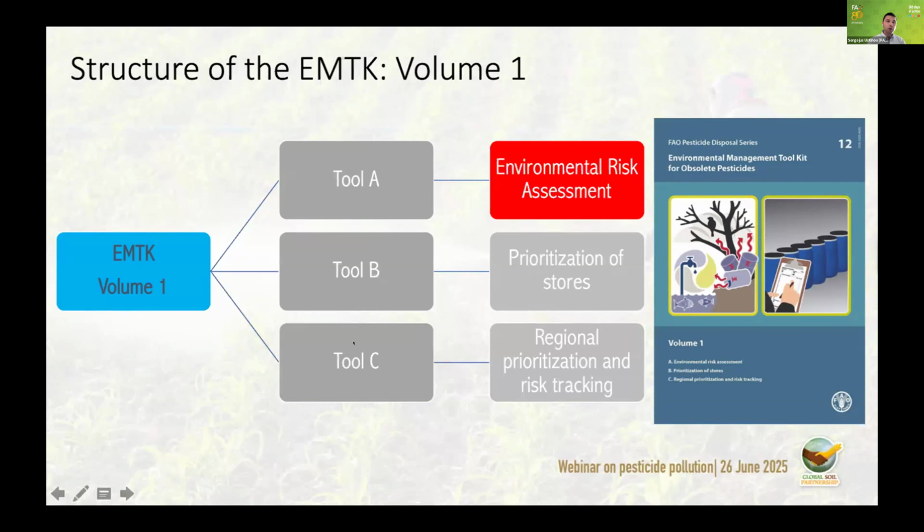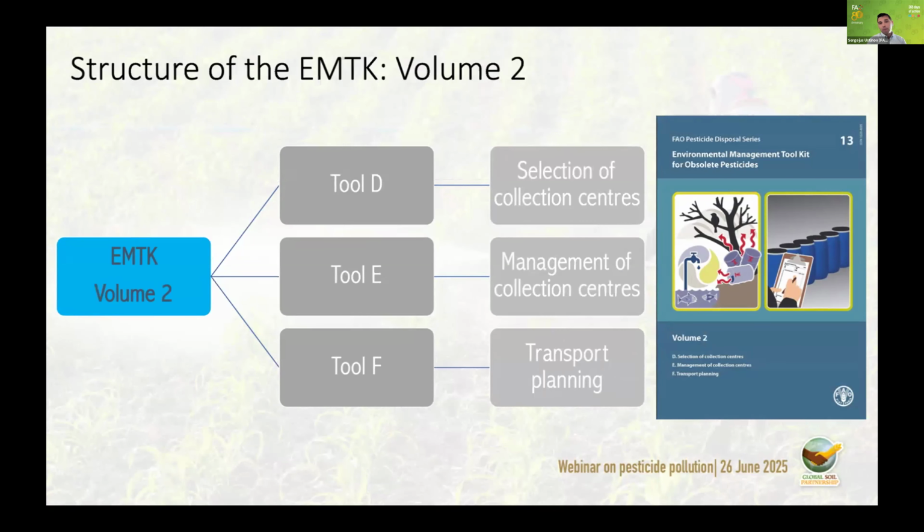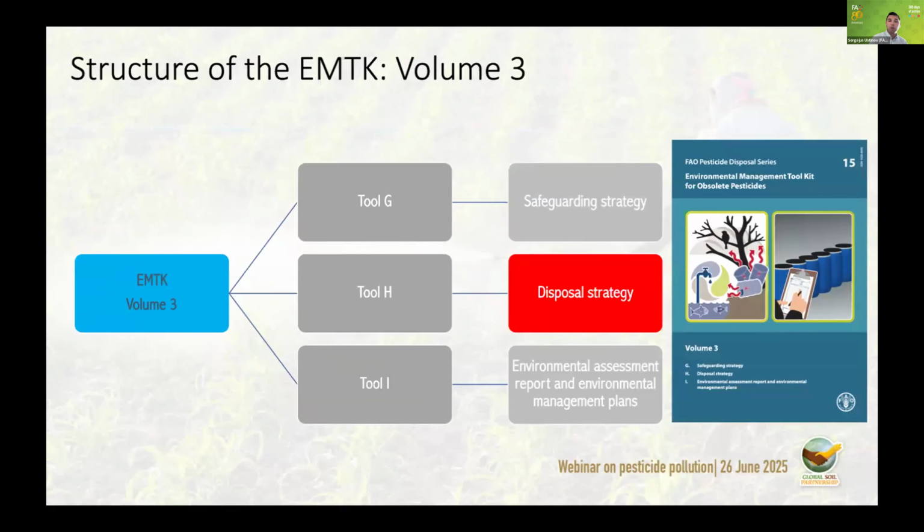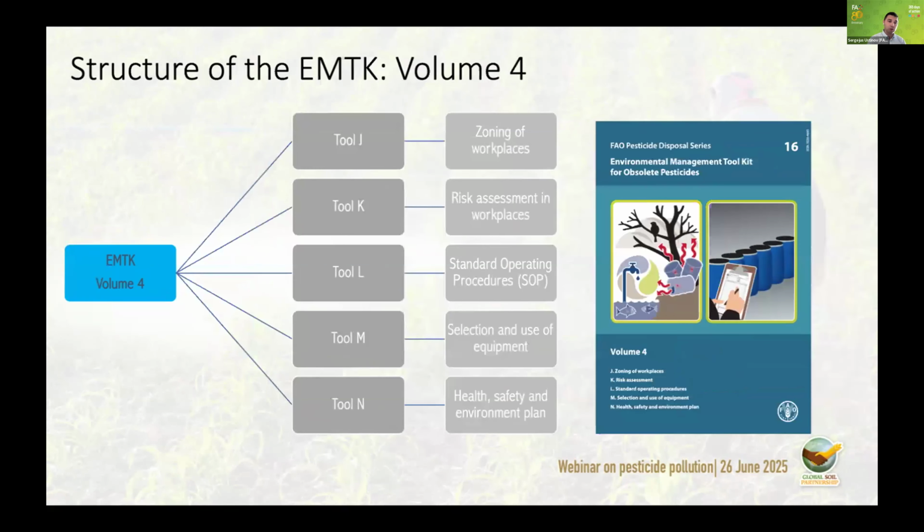And so here I'm just going to go quickly over those tools and chapters that are available, and those highlighted in red are the ones that we believe soil must be reflected. So for example, at the moment in volume 2, we do not think that soil must be integrated, whereas for volume 3 on disposal strategy, it has to.